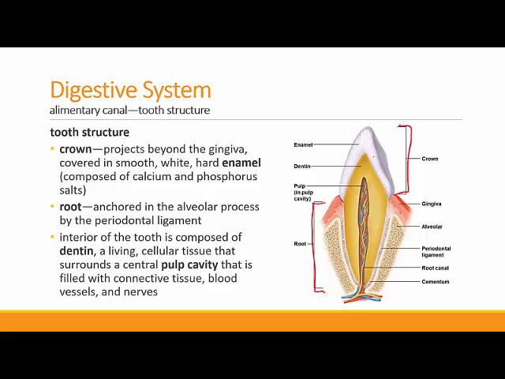The crown is covered with this hard white, non-living crystalline material composed of calcium and phosphorus. That's the enamel. Deep to the enamel is a living cellular tissue called dentin.